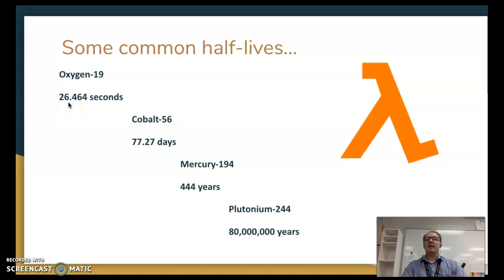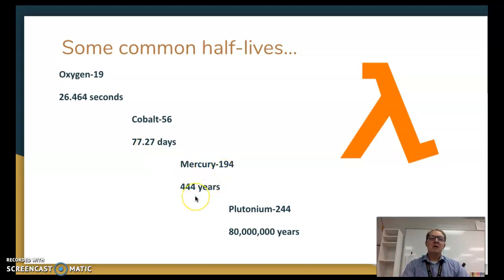If you wait 26 seconds, half of those atoms will have radioactively decayed, and the other half have not. Okay? Cobalt-56 is not your normal cobalt. Look at the half-life here, about 77 days. That's a little different than 26 seconds, right? 77 days have to pass before half of that cobalt-56 decays and becomes more stable.